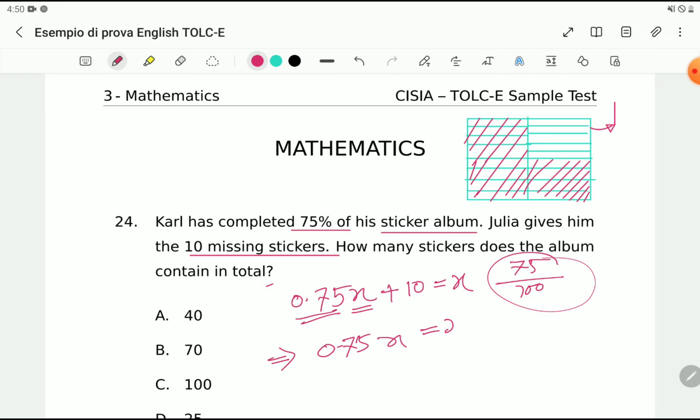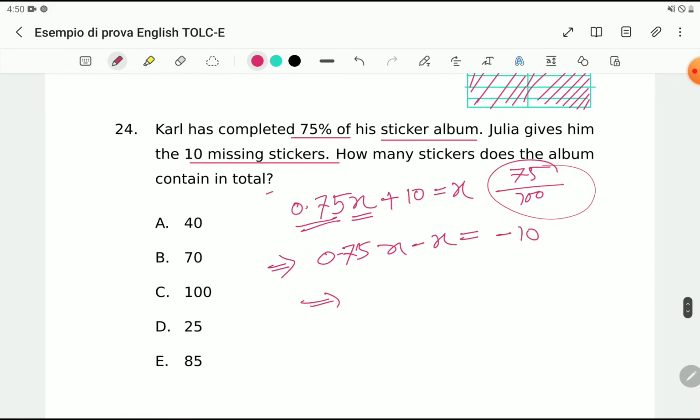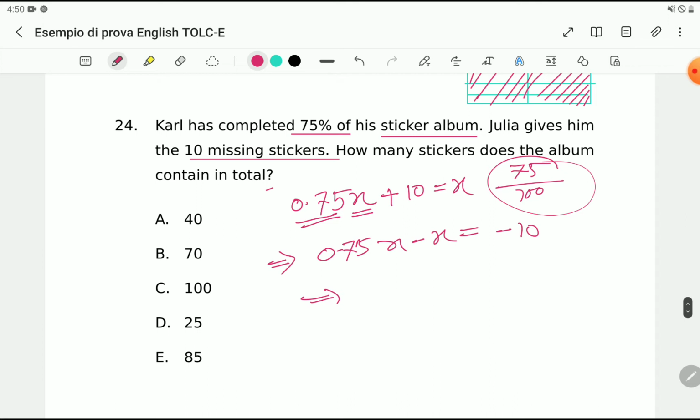We should bring the variable to a single side, the left hand side. The 10 we take to the right side.